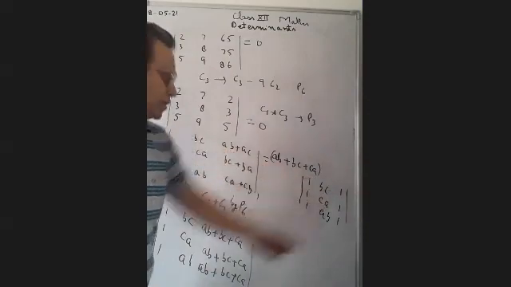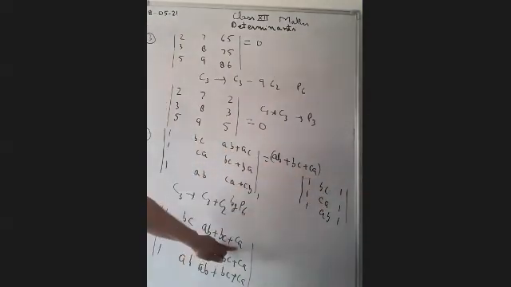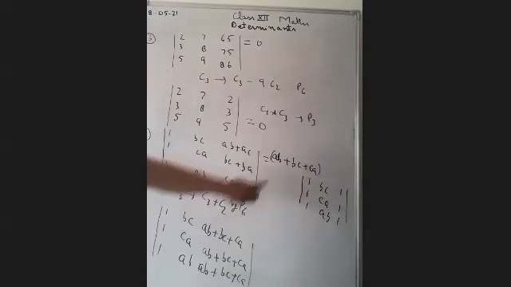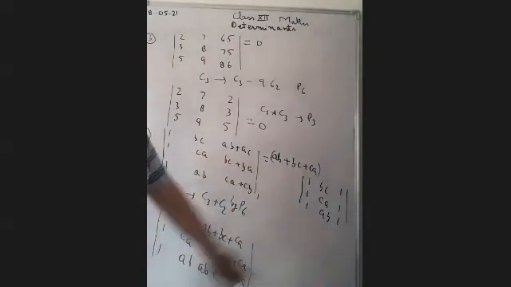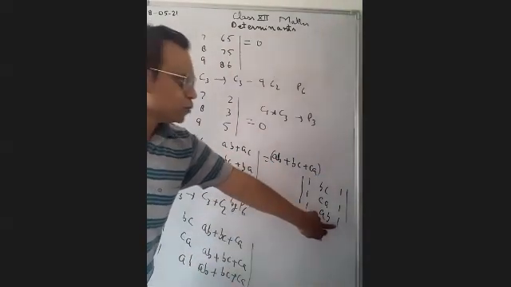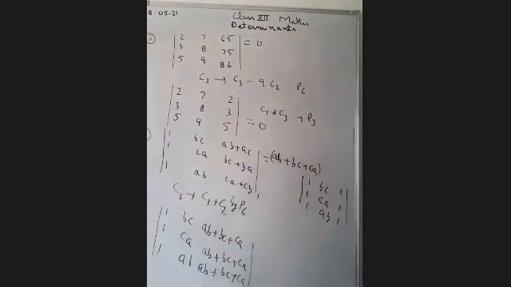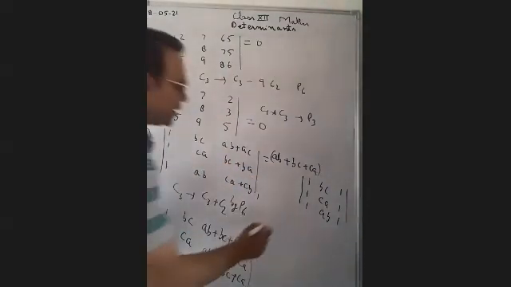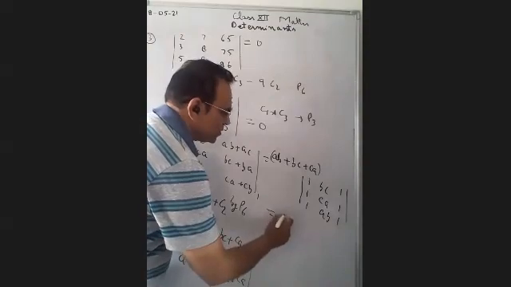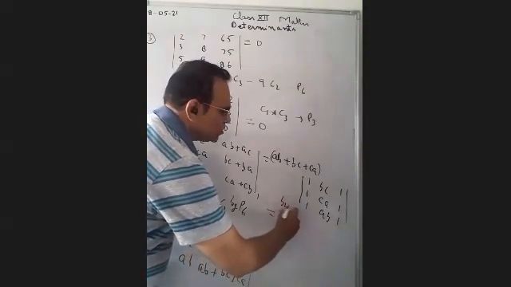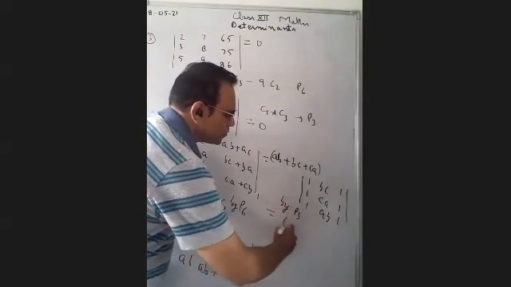If it is a multiple of AB plus BC plus CA, the value of the determinant will be k times the determinant. Now we are observing that two columns are identical. So by the property P3, we can put it equal to 0.